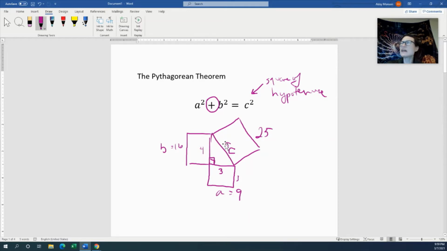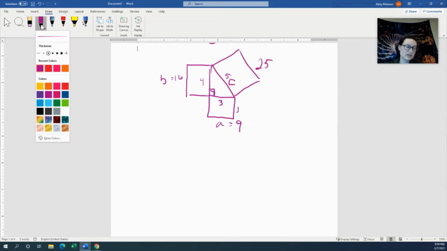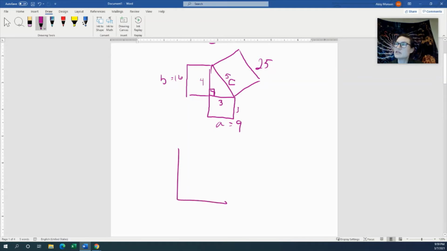Okay? Now, just to remind you, when we have a right triangle and we're using the Pythagorean theorem, there are some things we want to know. We have our right angle denoted by the box. The side across from the right angle is called the hypotenuse, and it is denoted by C. And then A and B are over here.